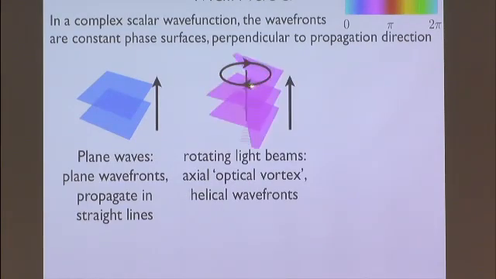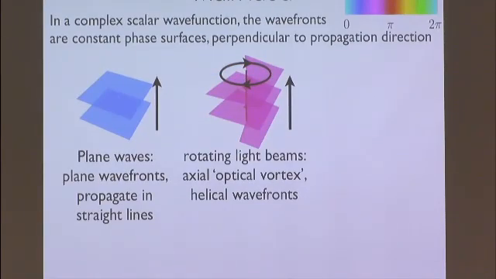We can also have the surfaces of constant phase spiraling around lines, which we call optical vortices, just like superfluid vortices. These are the places where all of the phases come together on these lines, and mathematically that's possible because these are the zeros, the nodal lines, of the complex scalar functions filling space.